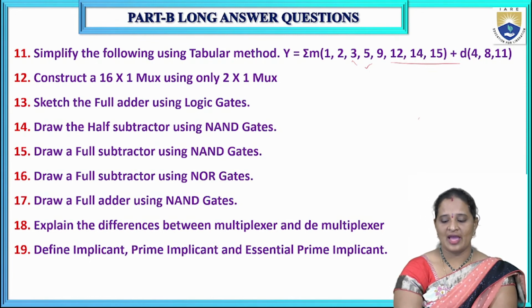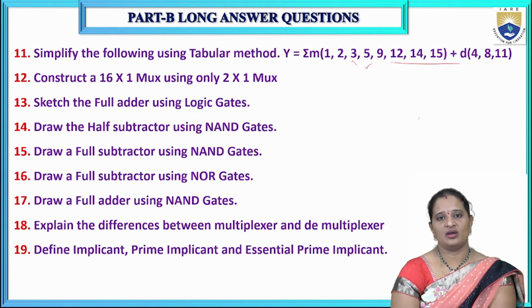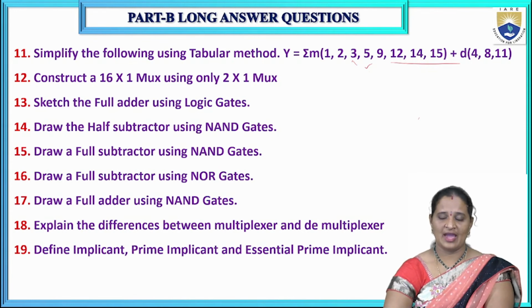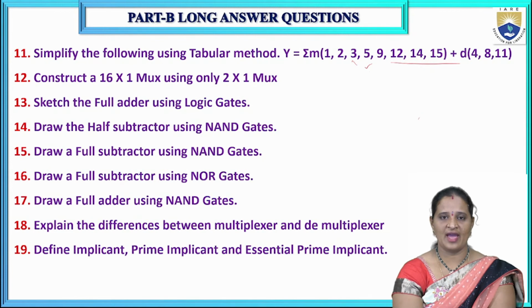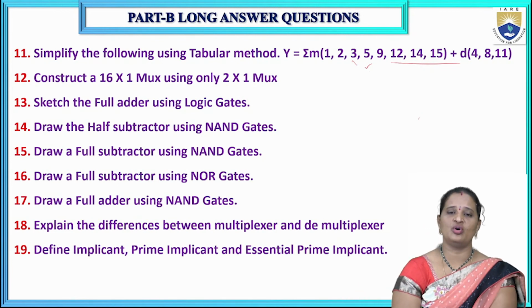As we have 8 outputs, in the next section we should have 4 more 2 by 1 muxes, in the third level 2 more, and then in the last level we should have 1. So like that, 4 levels of 2 by 1 muxes we need to use.